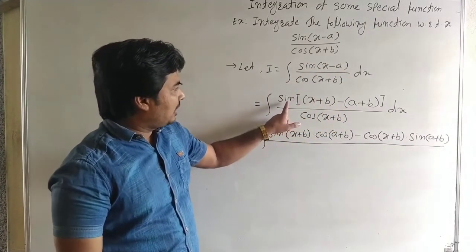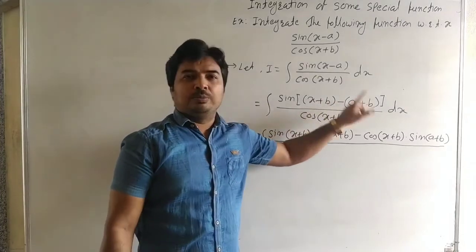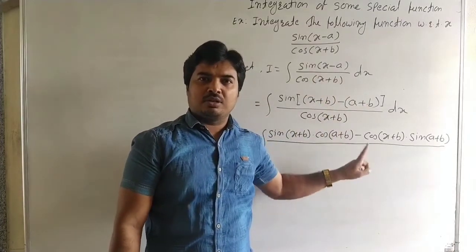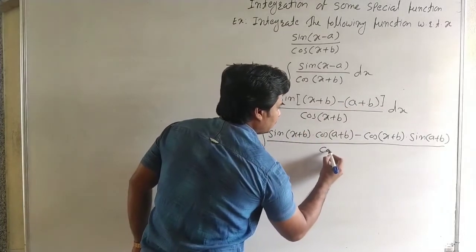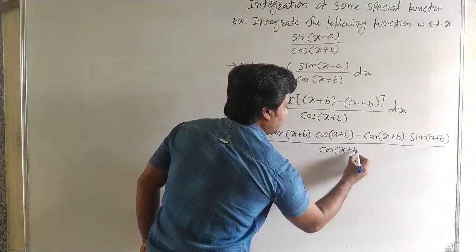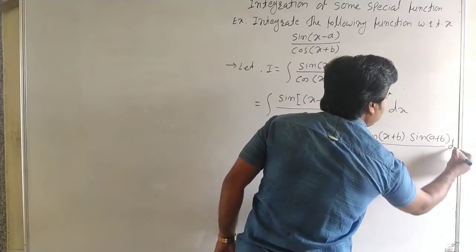Here we use the formula sin A minus B. Formula is sin A cos B minus cos A sin B upon cos x plus b with respect to x.